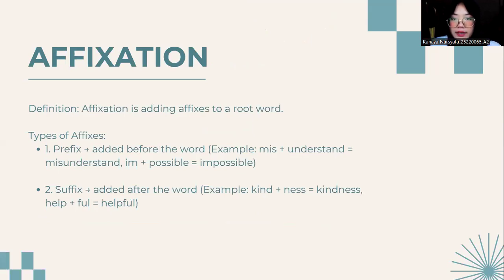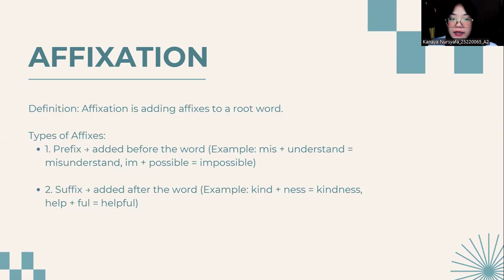The next process is affixation. Affixation is adding affixes to a root word. There are two types of affixation. The first one is prefix, added before words. Examples like misunderstand, mis plus understand, and impossible, im plus possible.